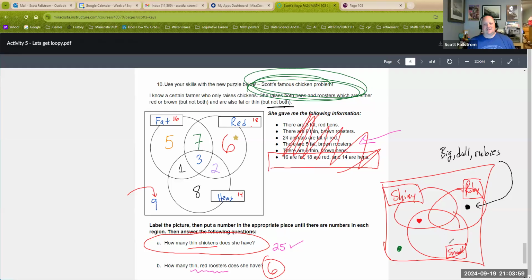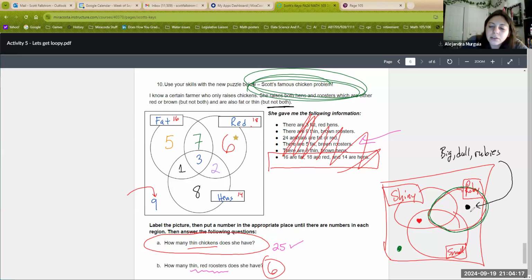So, final answer. So they're not shiny. No, they're shiny and small, and they're not rubies. Because this is the ruby circle. So if it's not in here, it's an opal. It's an opal, it's shiny, and it's small.